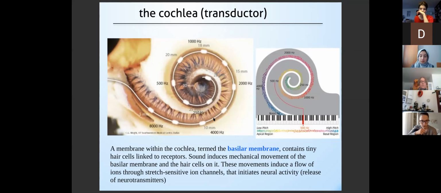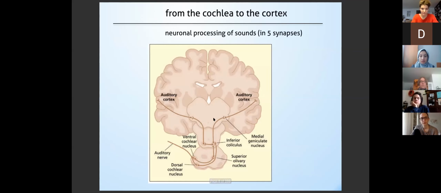This is initiating a neural activity by flow of ions, which are going to cause the release of neurotransmitters, which is going to cause a signal coming from your cochlea to be transmitted through your nerve to the rest of the brain. In particular, it's going to go to your dorsal cochlear nucleus, right? Where you have all the bodies of the neurons receiving the signal from the cochlea.